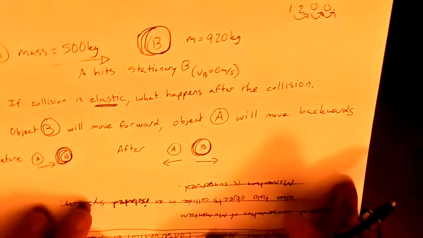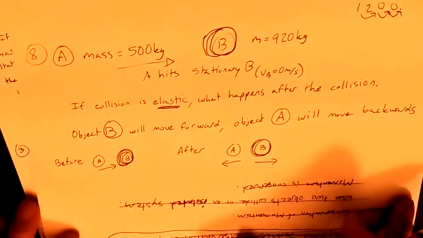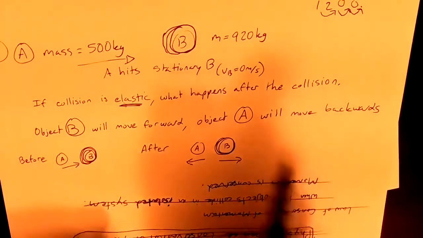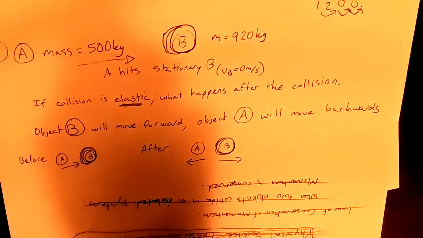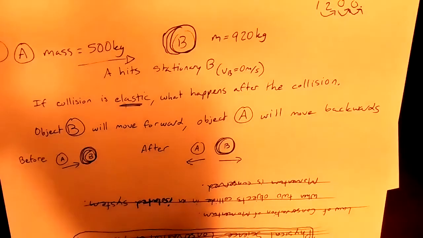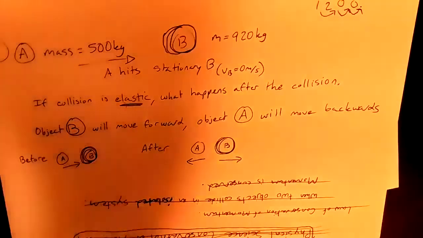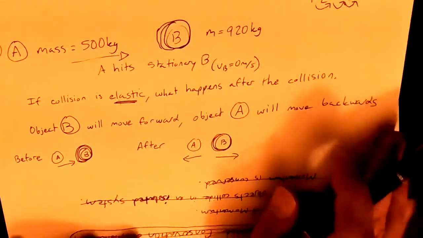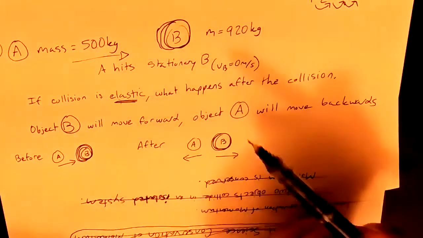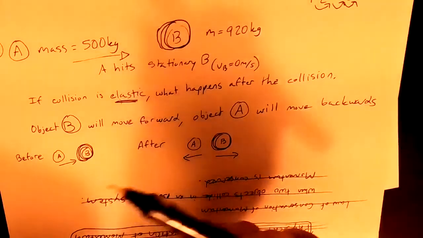I think you can intuitively get a feel for why that is, because B is so much bigger and A just doesn't have enough power to overpower it completely. It can get it to move, but it will also receive a force strong enough to change direction.